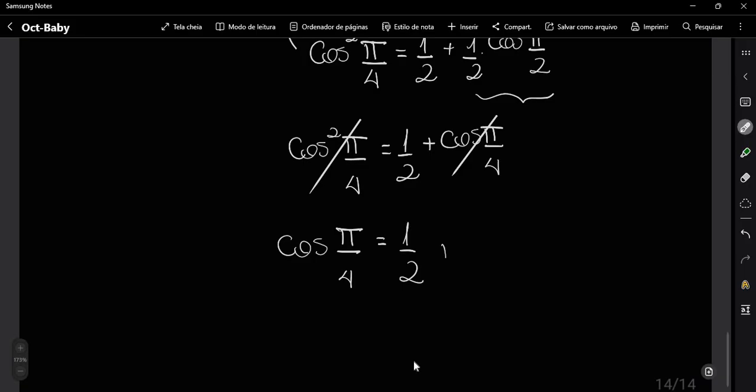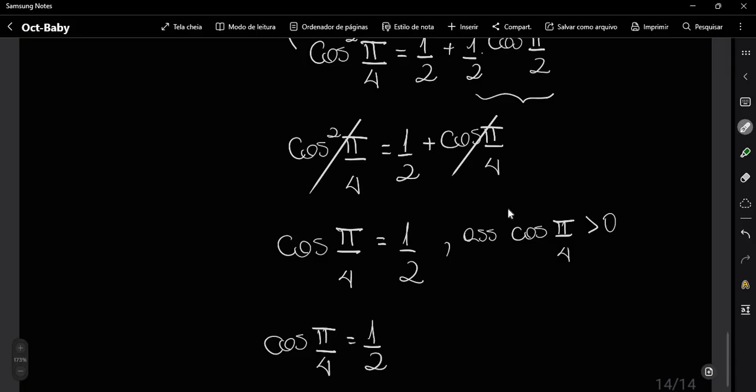And now this I'm taking from the book. It says that as cosine of pi over 4 is greater than 0, but right here, what I will do is, well, we got 1 over 2.